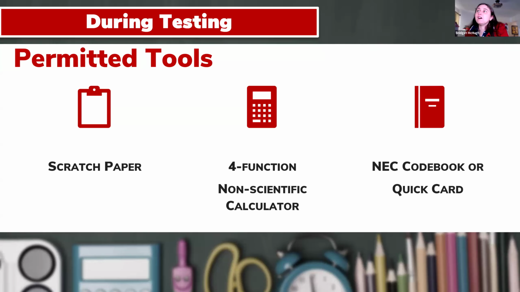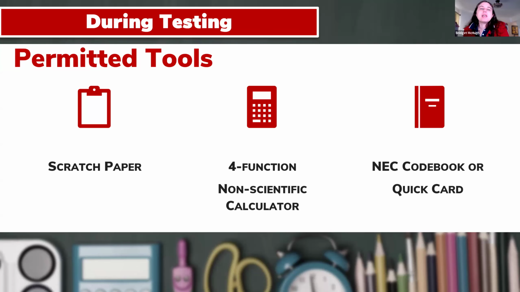Scientific calculators can often be used to store notes. In addition, in some cases, they are allowed to have access to an NEC codebook or quick card. That really mainly only applies to construction, mechanical, electrical, and plumbing pathway courses. That's when they will usually have access to an NEC codebook or quick card.